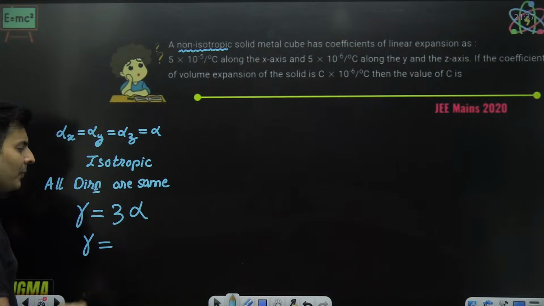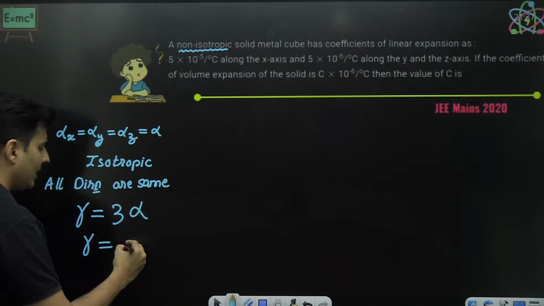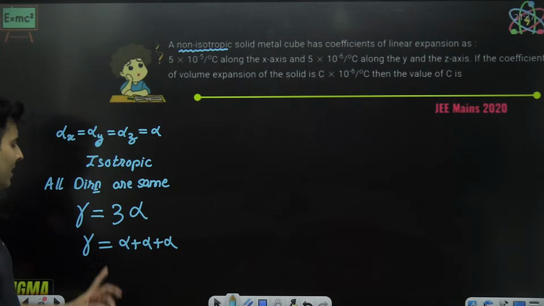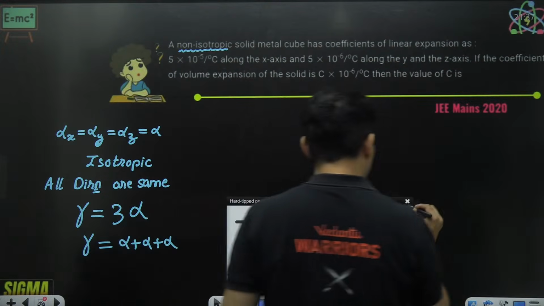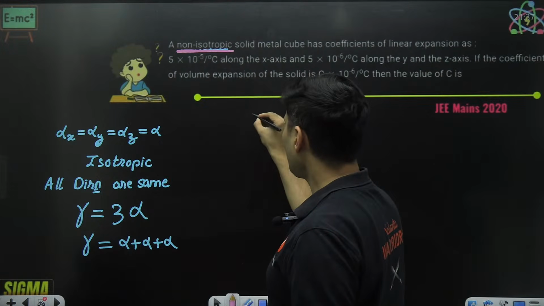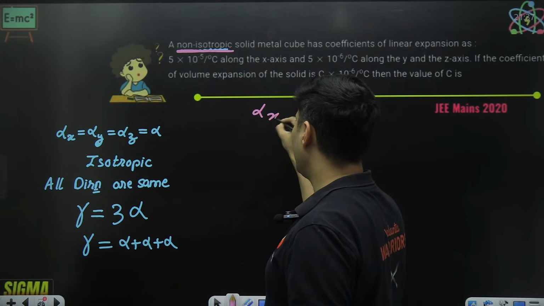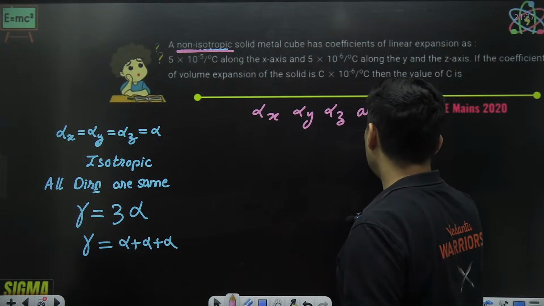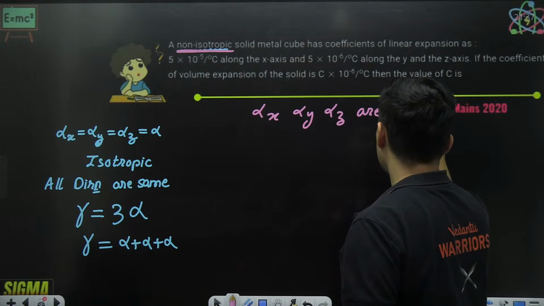Gamma is 3 alpha. 3 dimensions are there, x, y, z. So maybe it was alpha plus alpha plus alpha. It just happened to be that alpha was the same everywhere, so it became 3 alpha. If I have a non-isotropic solid, alphas are different. Alpha x, alpha y, and alpha z are different usually.